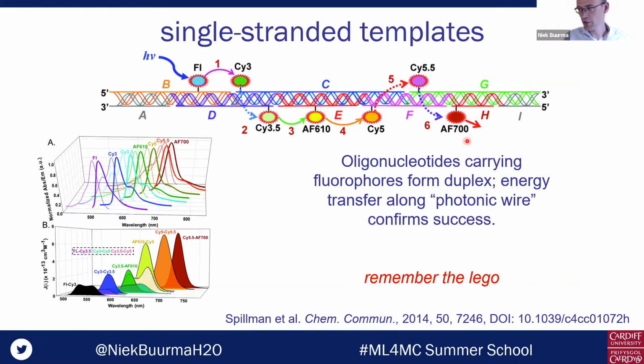That, to be honest, was why I used this particular series of Lego bricks before, because basically if I were to excite a blue chromophore, energy could then jump to the green, to the yellow, to the orange, to the red chromophore, and be transported in much the same way as energy is transported along a series of different chromophores on this particular self-assembled template.